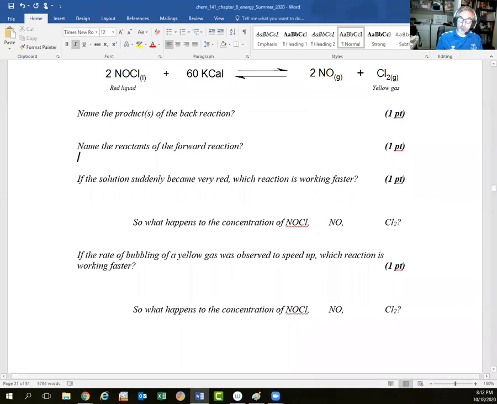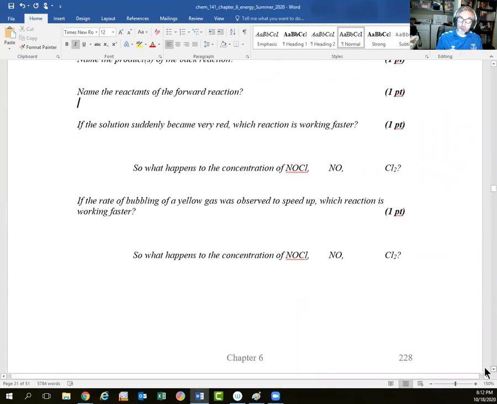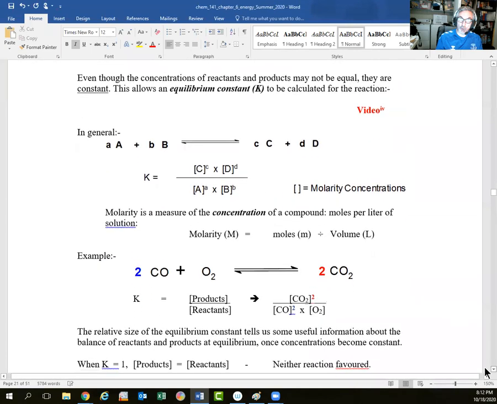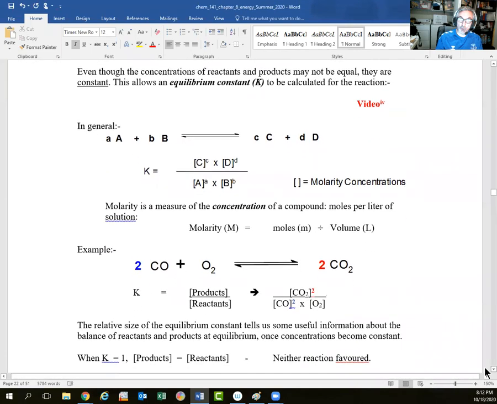Okay, let's see what we've got next. So it's important to understand where the position of equilibrium is. Do we have mostly the products of the forward reaction, or do we have the initial reactants in high concentration, which should be the products for the back reaction?